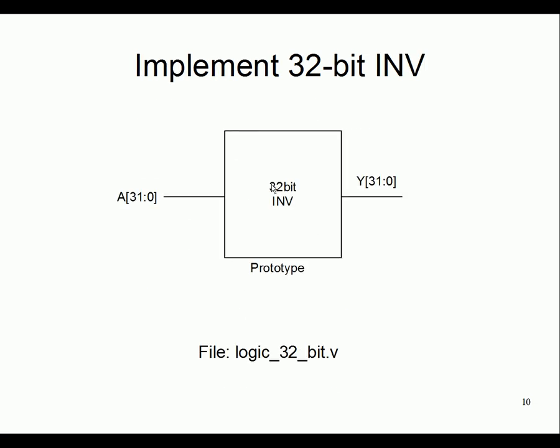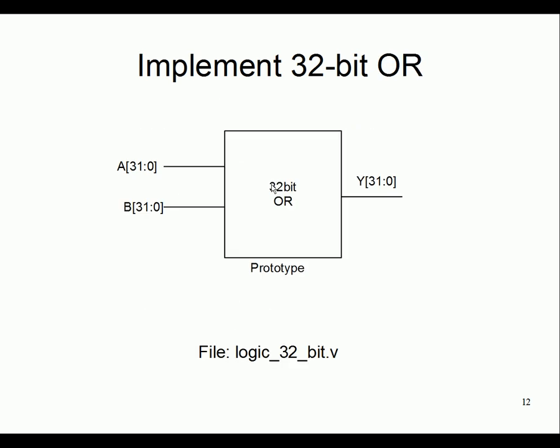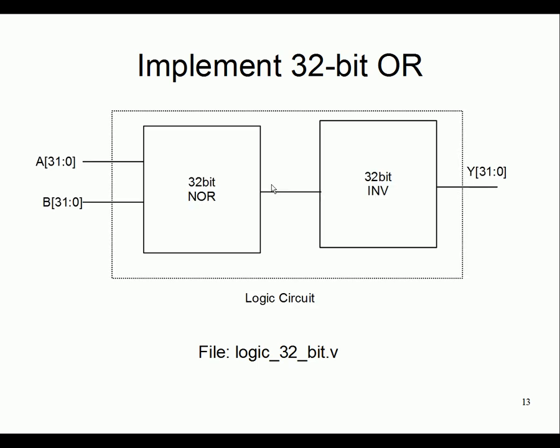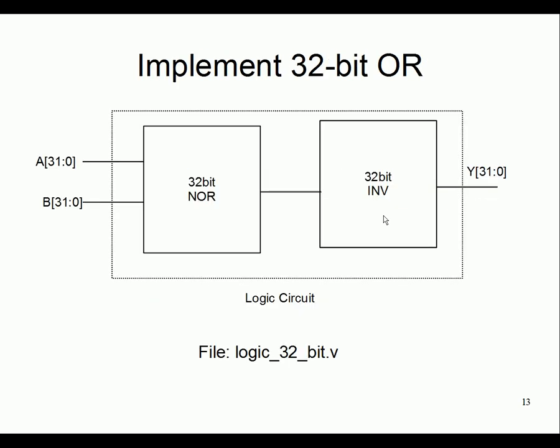We have a 32-bit inverter, a similar thing. Make an OR. You can use an OR instantiation, or you can reuse my NOR and AND, connecting them together to make an OR. It's your choice. So once you do that, I think at this point we are ready to implement a complete gate level ALU. We'll do it in the next lab then. Okay.